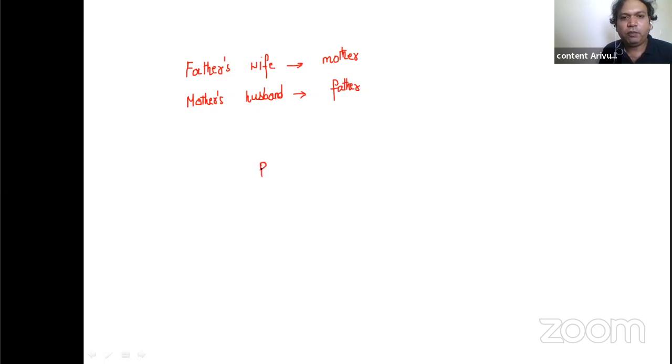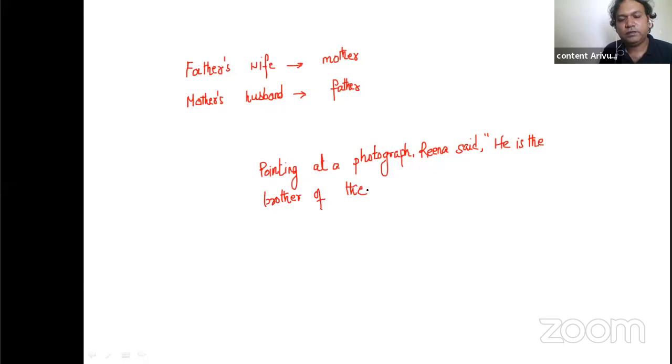Now, how will this come as an example? Say, pointing at a photograph, let's say this question I'm creating, pointing at a photograph, Reena said, he is the brother of the son of my father's wife.